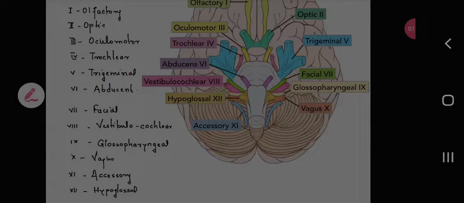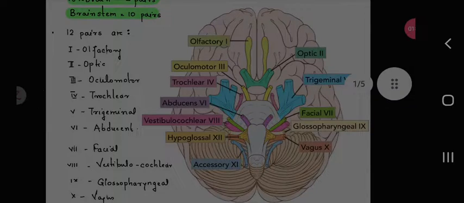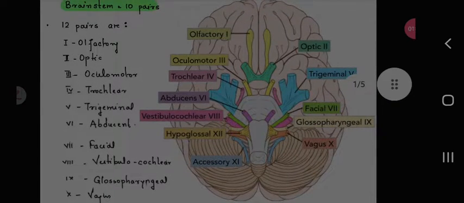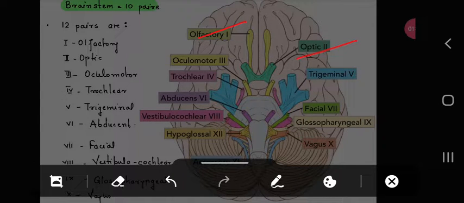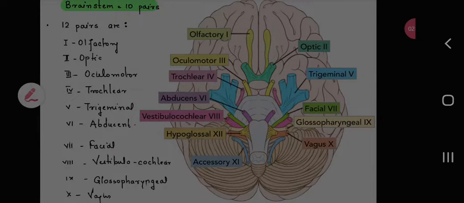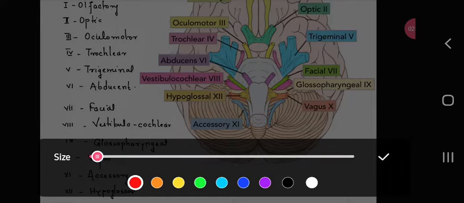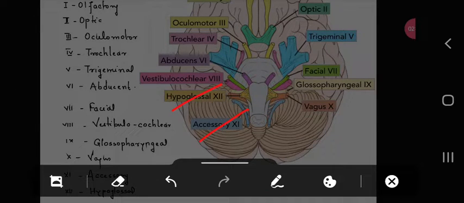So here you can see olfactory, optic, oculomotor, trochlear, trigeminal, abducens, facial, vestibulocochlear, also called auditory, glossopharyngeal, vagus, accessory and then hypoglossal.